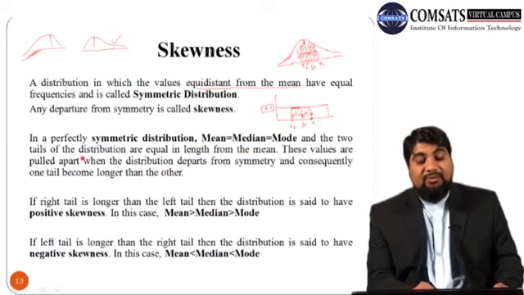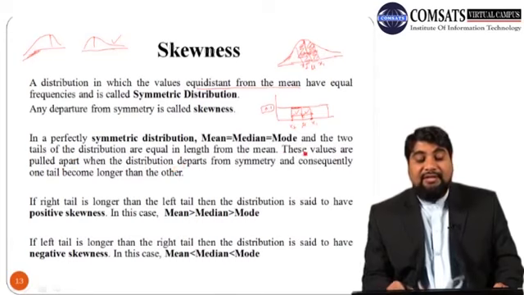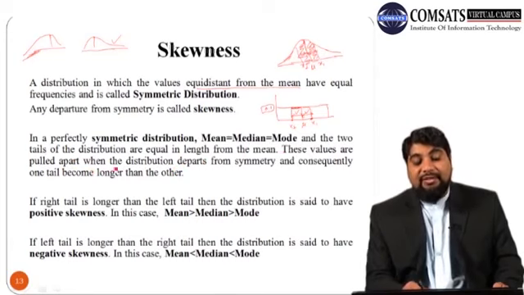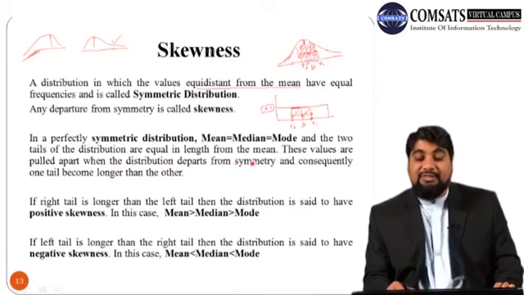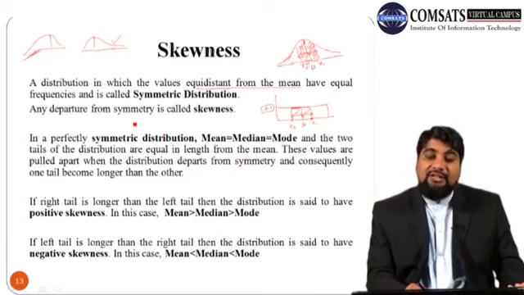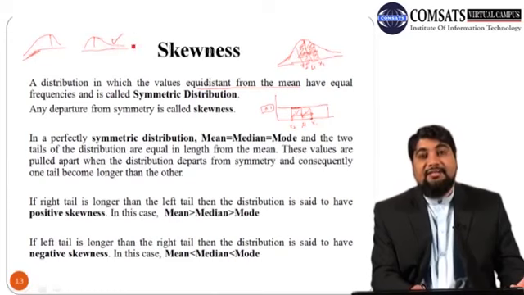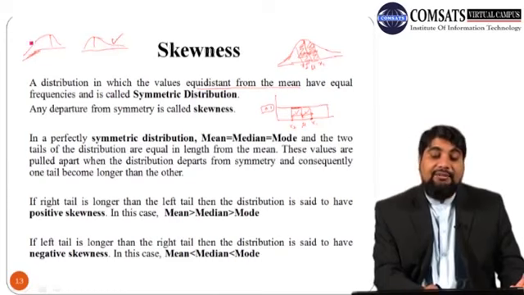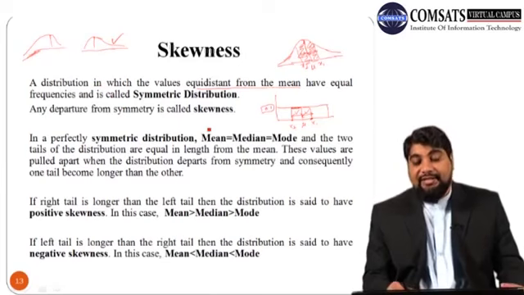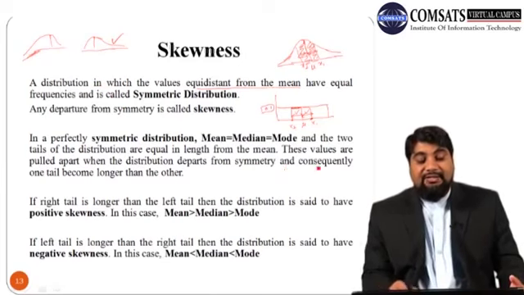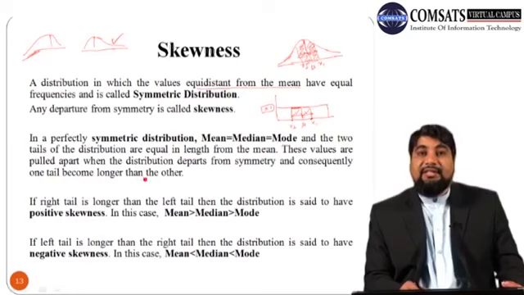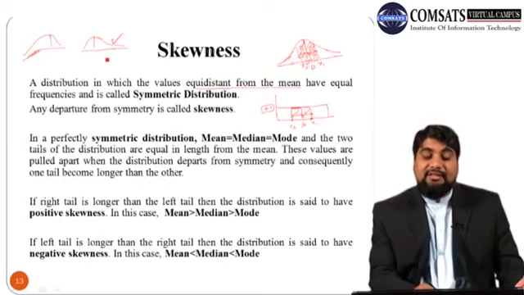These values are pulled apart when the distribution departs from symmetry. If the distribution is not symmetric, as in this case, you can see that the right tail is longer than the left tail, or the left tail can be longer than the right tail, and consequently one tail becomes longer than the other, as in this case.